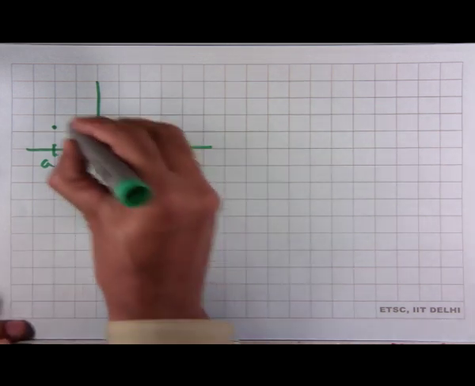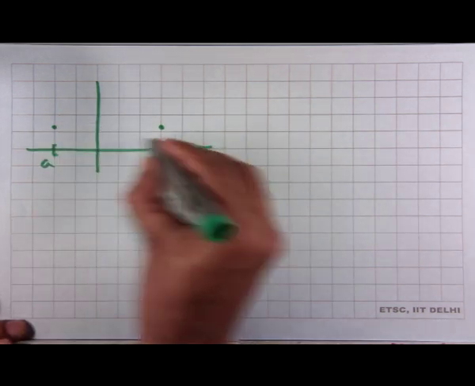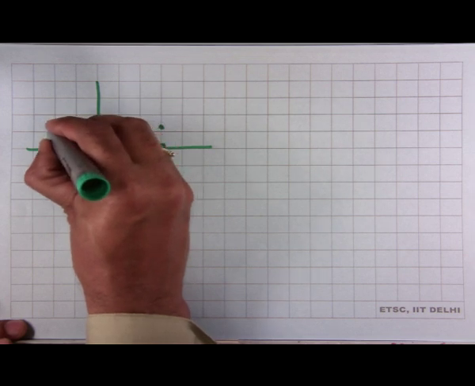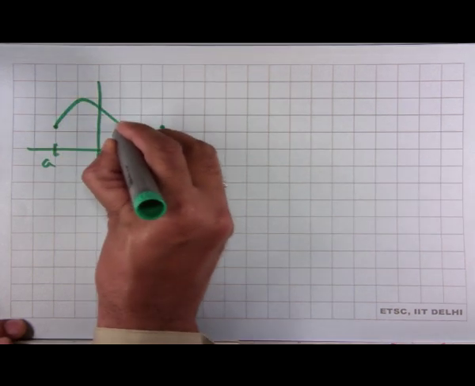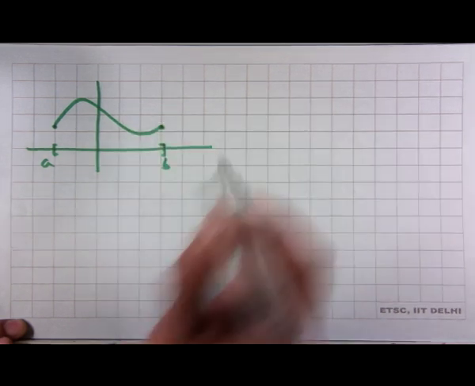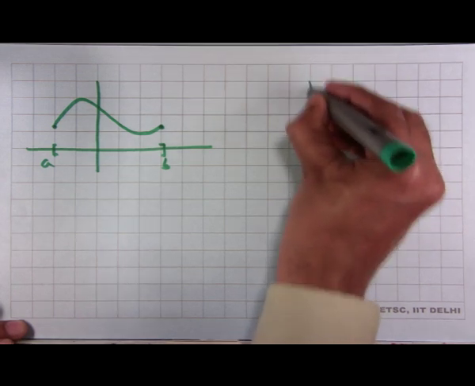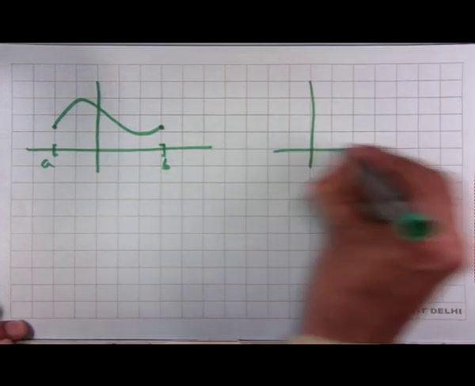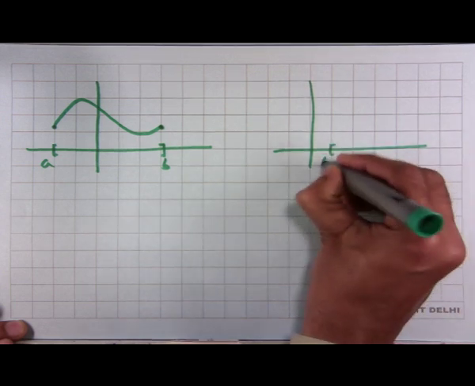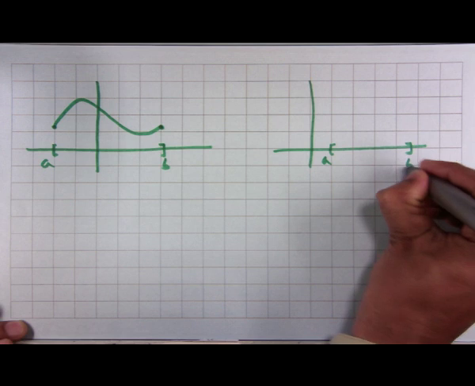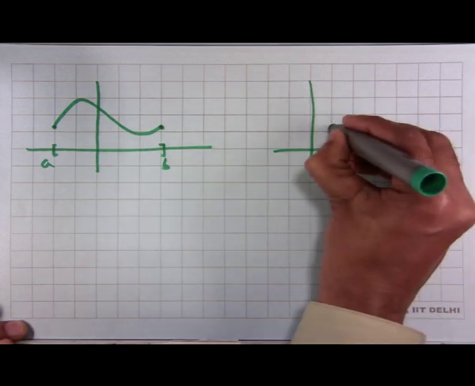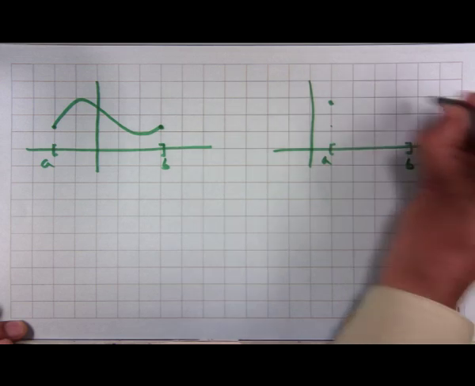The function is continuous in this interval and differentiable in the open interval. So, it might be that we have a function like this, or it can be like this. I have f(a) and f(b).